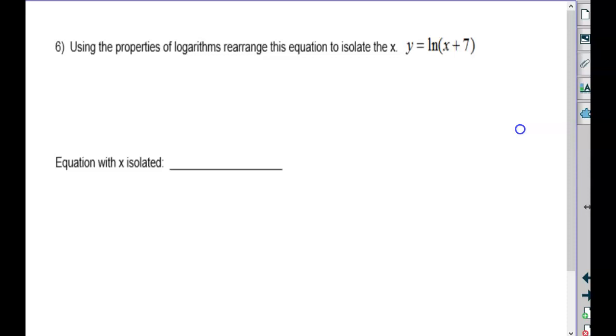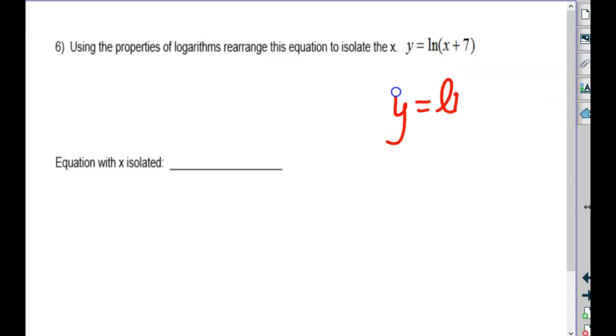Inspiring. And number 6, there's no base written here, but what is the base, guys? E, and if it said log with no base, the base would have been 10. Okay, so we rewrite this. How do we rewrite this? Or you exponentiate both sides. Okay, rewrite it.